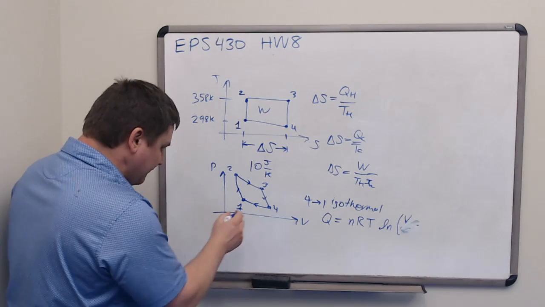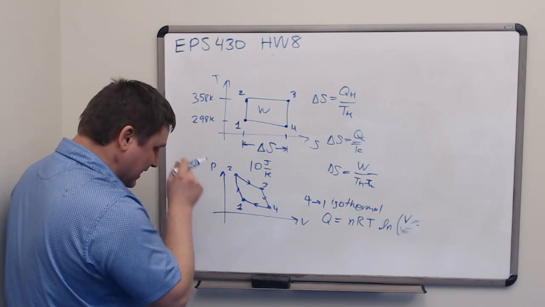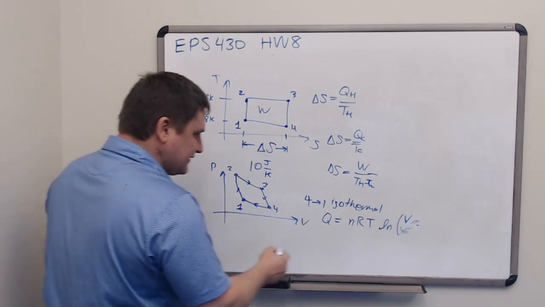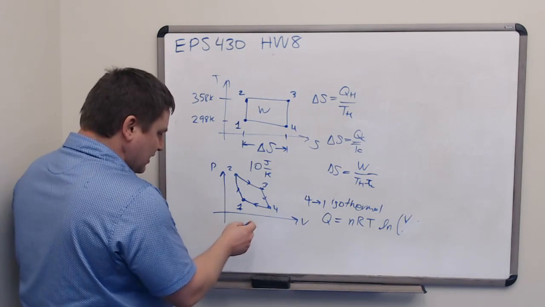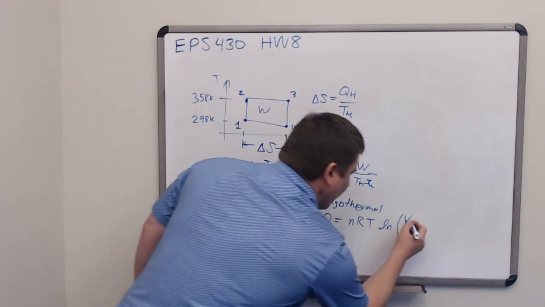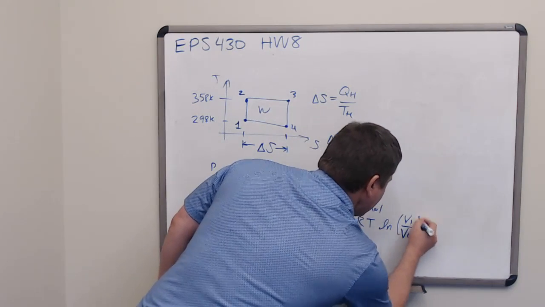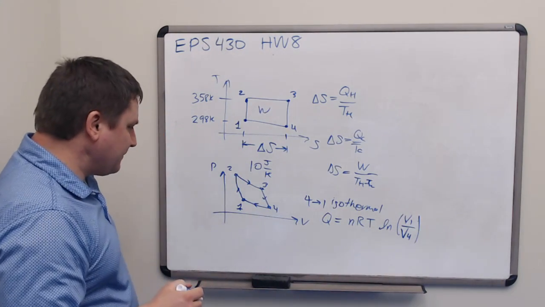So as we go from 4 to 1, we're actually going from high volume to low. So our final volume is 1, and our initial volume is 4.